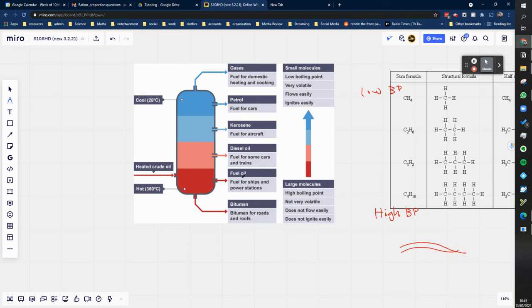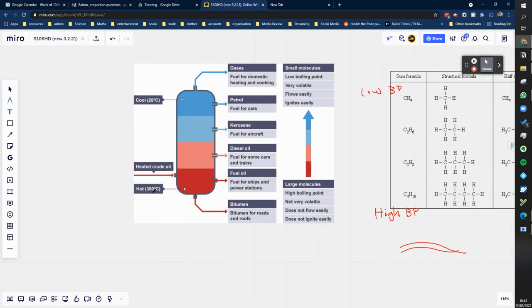So fuel oil has still a fairly high boiling point, which means once it gets to this height here, it will. A boiling point is the same as a condensing point, right? It's the point at which it goes from liquid to gas, but it's also the point at which it goes from gas to liquid. So we're in gas form, and as it gets up to about here, it gets a bit cooler.